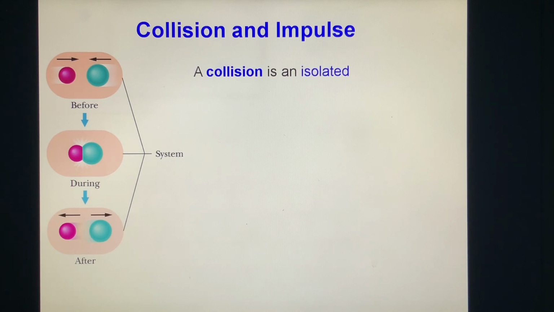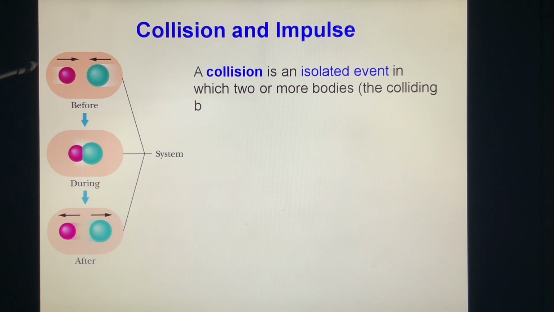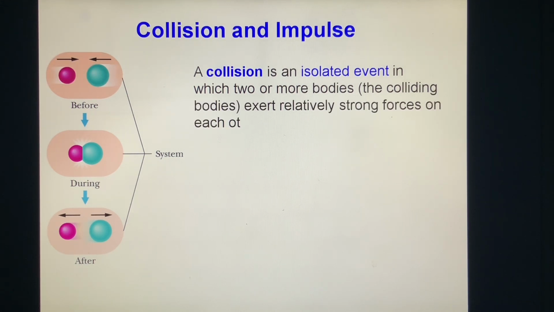A collision is an isolated event in which two or more bodies, the colliding bodies, exert relatively strong forces on each other for a relatively short time.